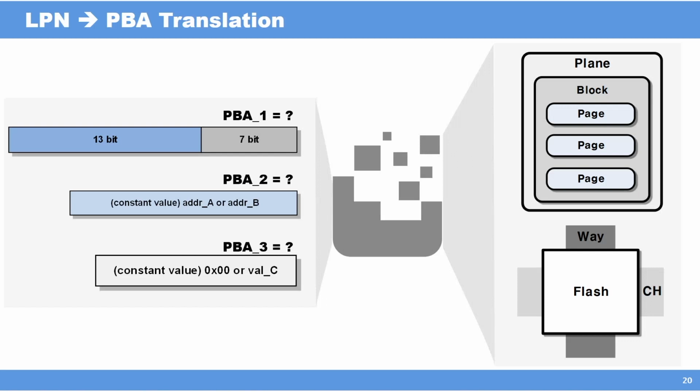And the part of 13 bits in PBA1 is the block address, so they contain 8,192 blocks on a die. We are not sure whether PBA2 or PBA3 in this code line is the way number. Based on our flash command analysis, which I will talk about later, PBA3 is most probably the die address, so the other one is PBA2, indicating the way number.